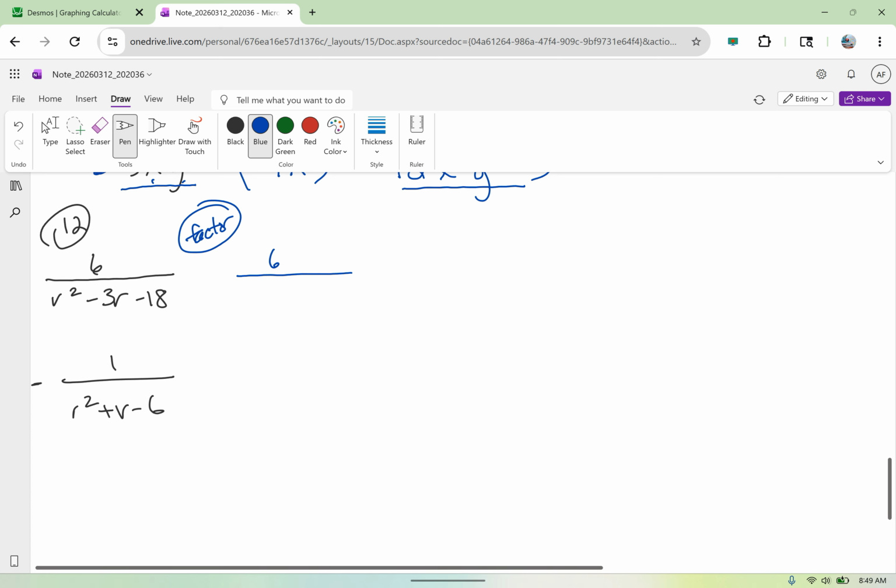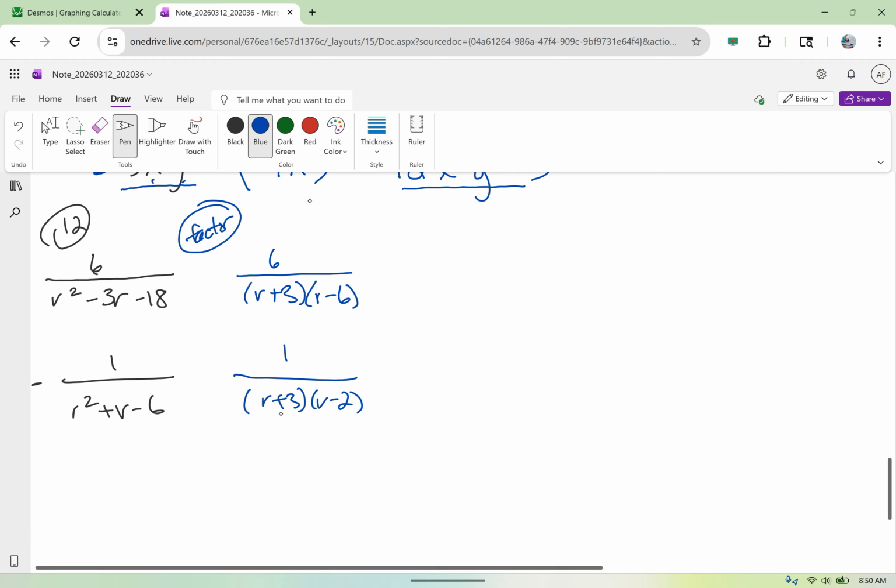So the 6 is factored and the 1 is factored. We need to factor our denominator, and that's going to be (r plus 3)(r minus 6), and (r plus 3)(r minus 2). We need a common denominator, so we have (r plus 3)(r minus 6) in the top.